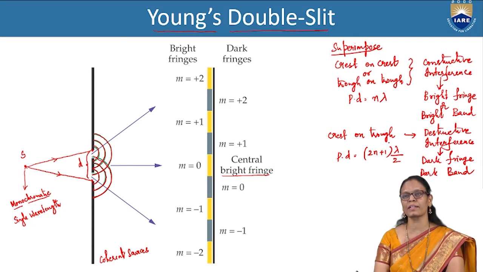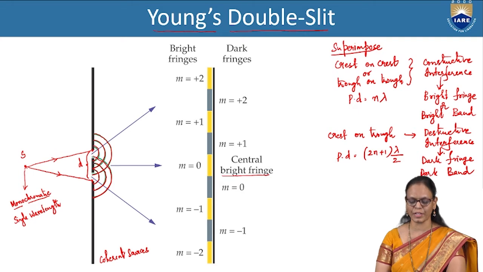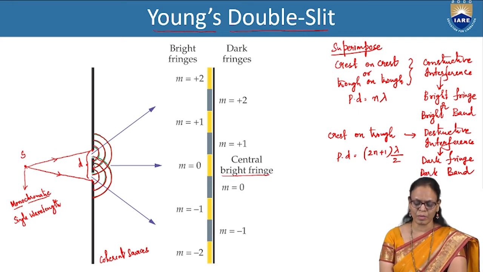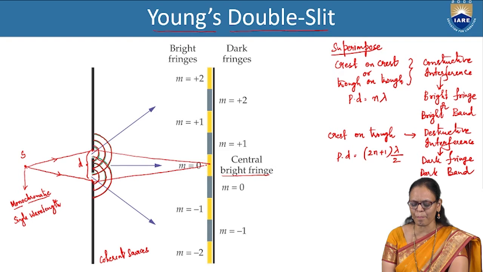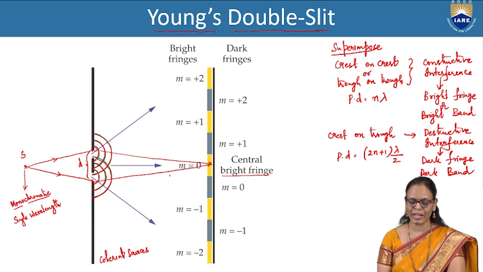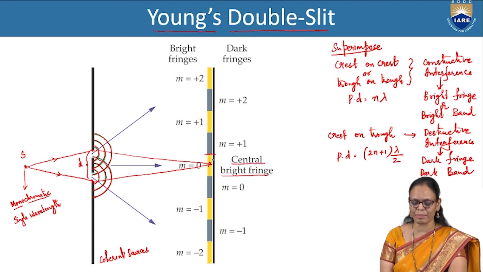So these two are the conditions for constructive and destructive interference. What we observe here is the point at the center: because these waves travel the same path to reach the point here, they will arrive in phase. So the central fringe is always a bright fringe.